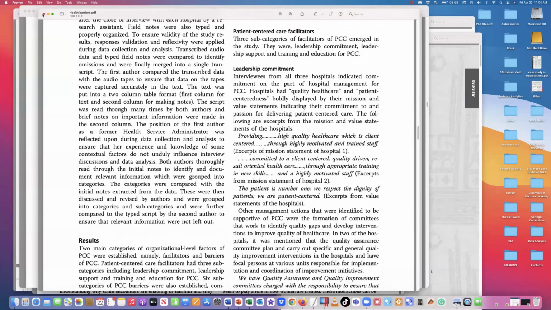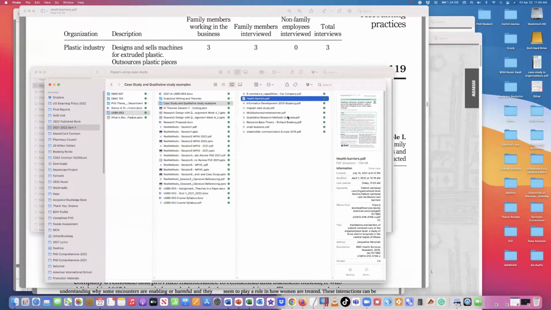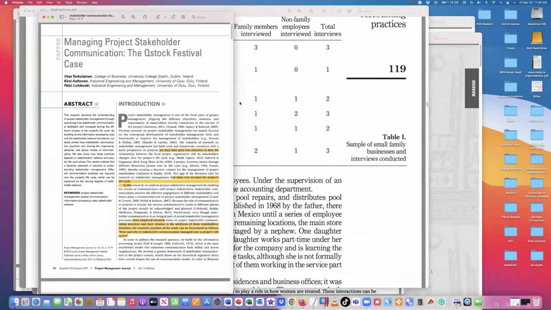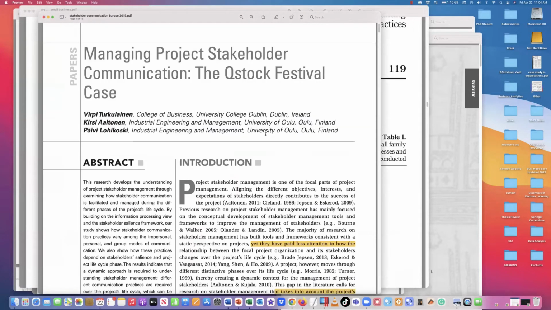Okay. Then lastly, in terms of HR, okay, look at this one. This is managing project stakeholder communication, the Q-Stock Festival case.